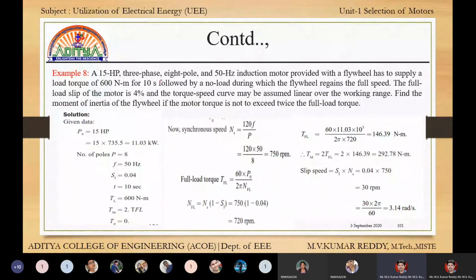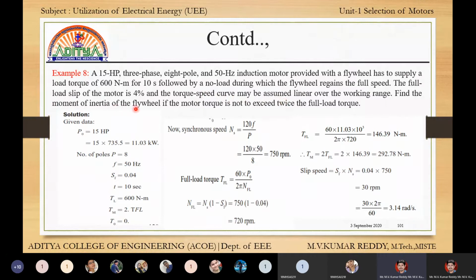A 15 HP, 3-phase, 8 pole, 50 Hz induction motor is provided with a flywheel and supplies a load torque of 600 Newton meters for 10 seconds, followed by a no load period during which the flywheel regains full speed. The full load slip of the motor is 4%, and the torque speed curve may be assumed linear over the working range.